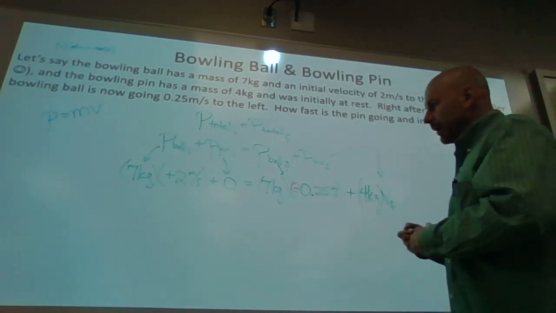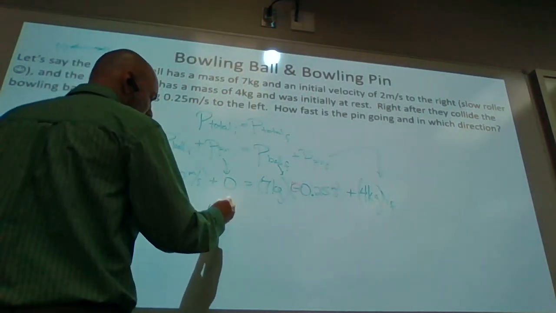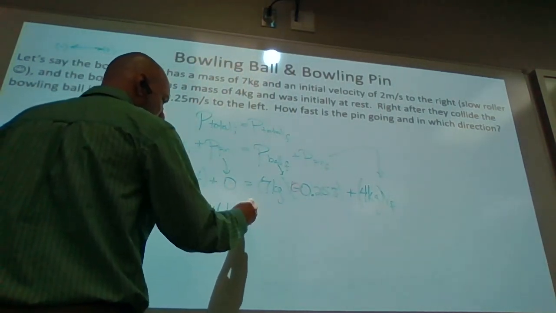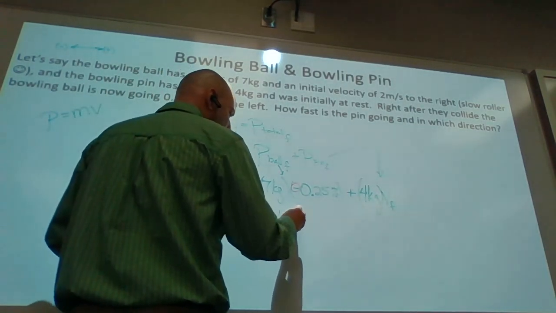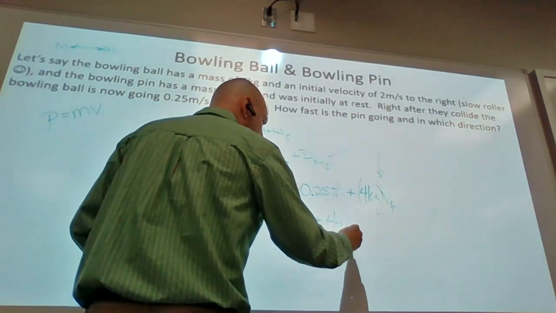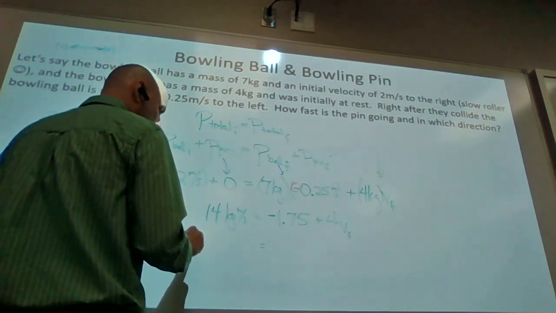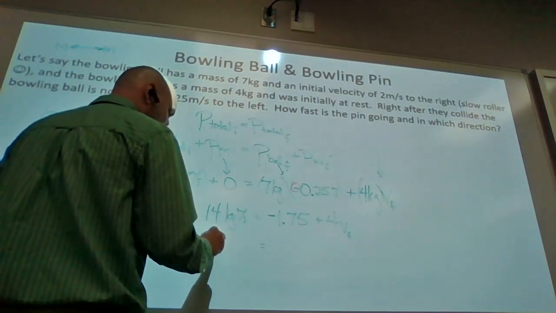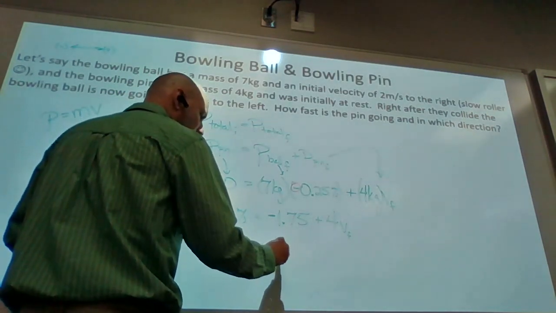And now we go and do some math. So we got 14 kilogram meters per second is equal to negative 1.75 plus 4 times the final velocity. That's going to be equal to positive 15.75 is equal to 4 times the final velocity.